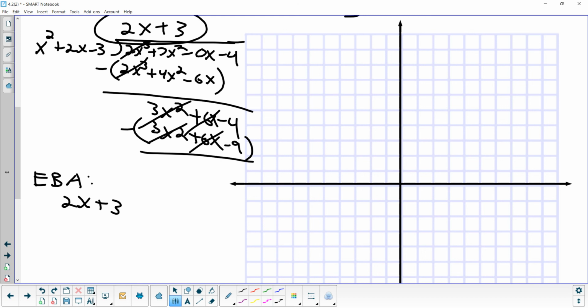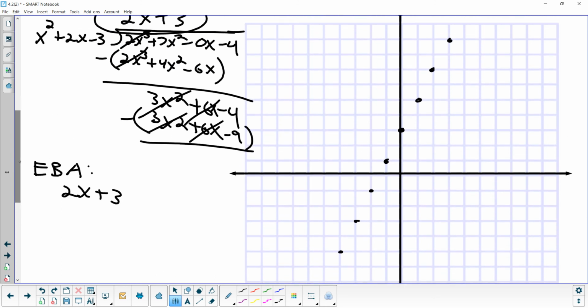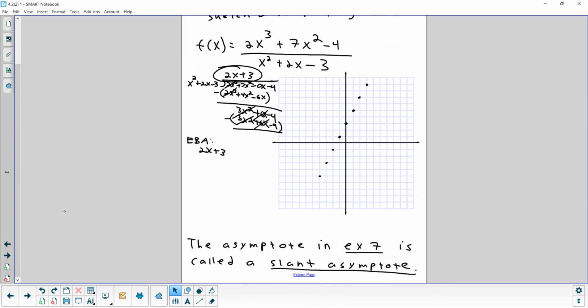But let's put this in. So we've got a y-intercept at 3, and we're going to go up 2, right 1. I'm going to do it a bunch of times just to get a pretty good sketch. All right, that's probably enough. And now let me zoom out. That'll make it easier. And let's draw in this slanted line.